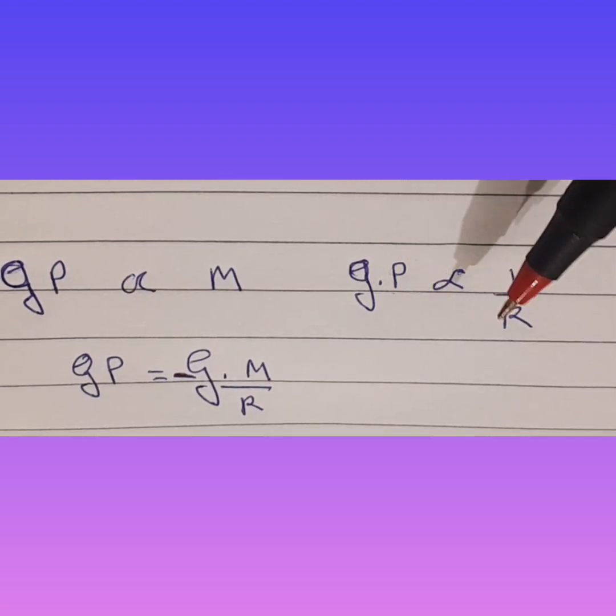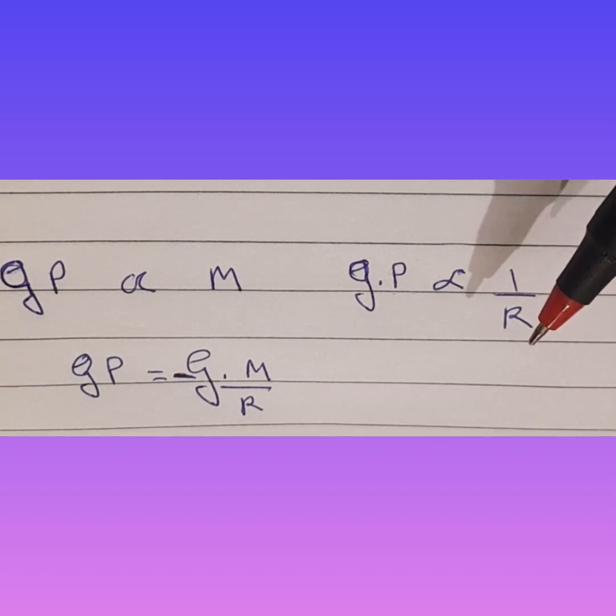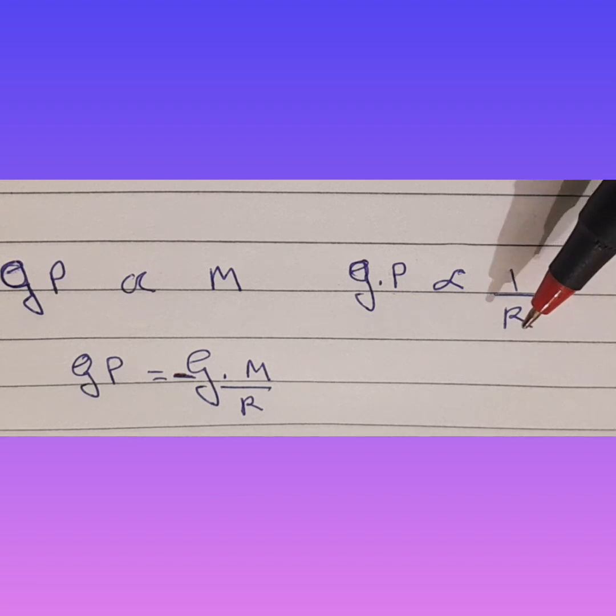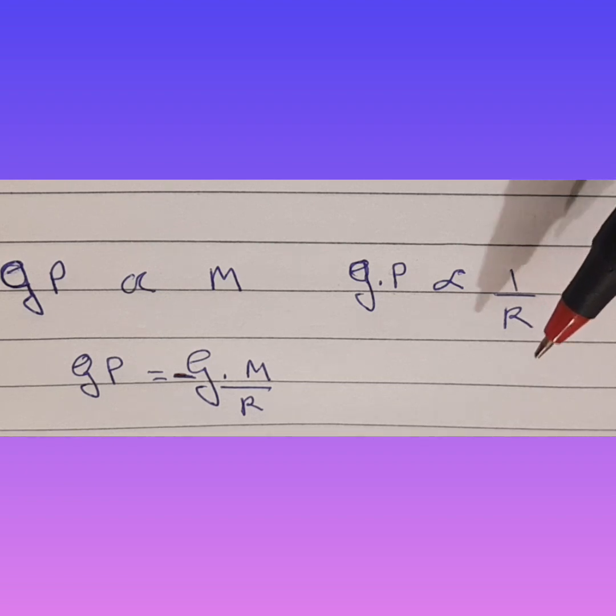Gravitational potential is inversely proportional to the distance of the object from Earth. In this case we have taken the object to be on the surface of Earth, so R is the radius of Earth. But if the object is away from the surface of Earth, then this would be small r, which would be equal to capital R plus h, that is the radius of Earth plus h, the distance of the object from the surface of Earth, as we have been seeing.